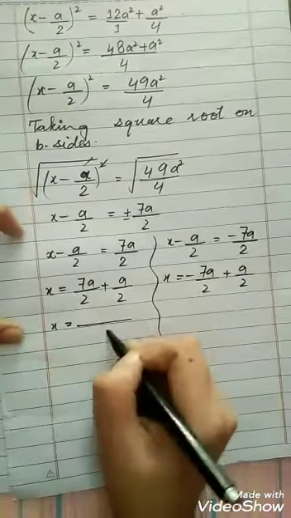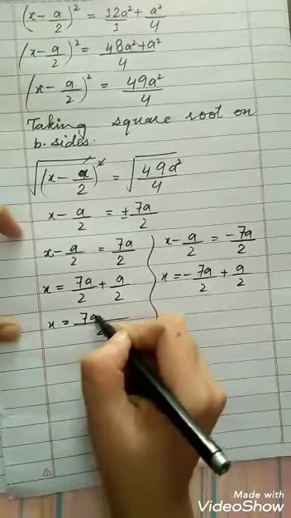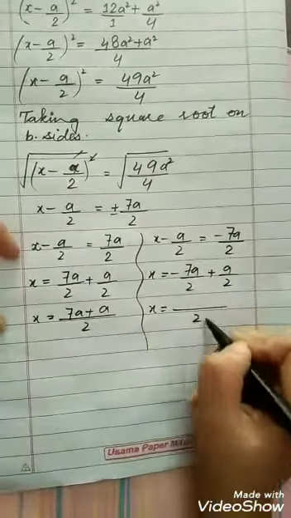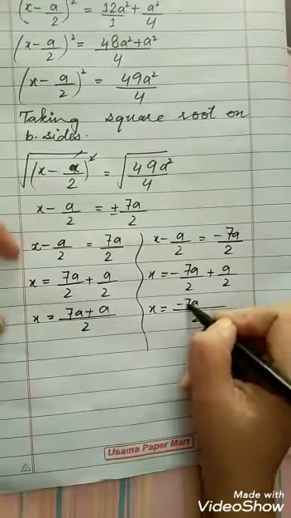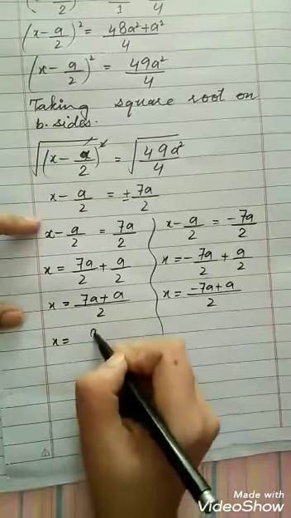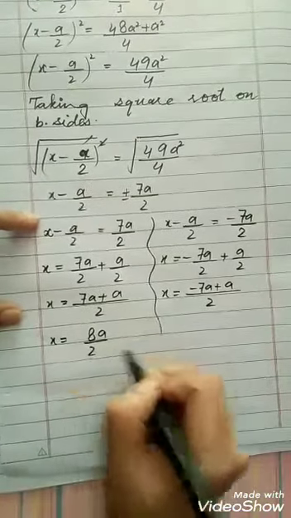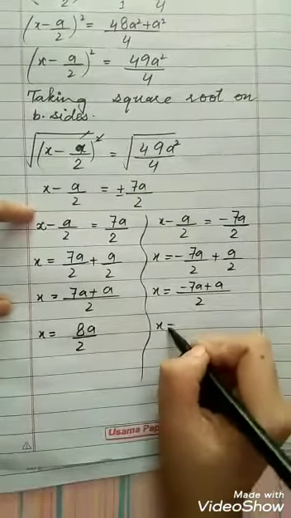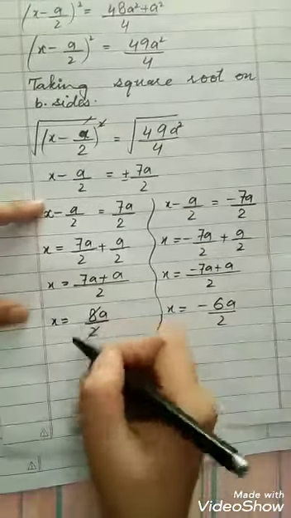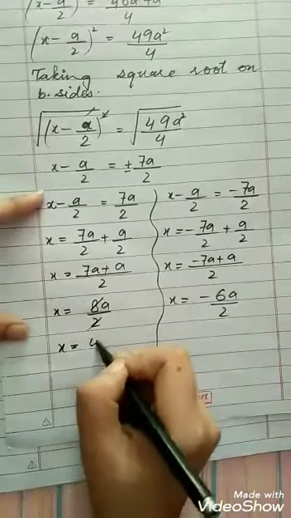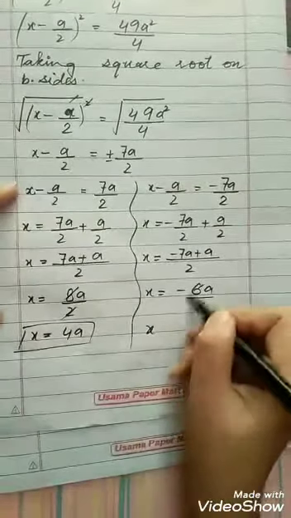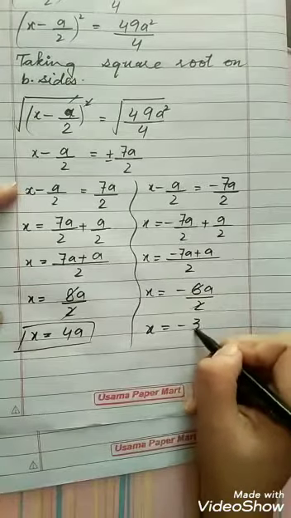So x is equal to 7a plus a over 2, and x is equal to minus 7a plus a over 2. x is equal to 8a by 2, and x is equal to minus 6a by 2. 8a by 2 is equal to 4a, and minus 6a by 2 is minus 3a.